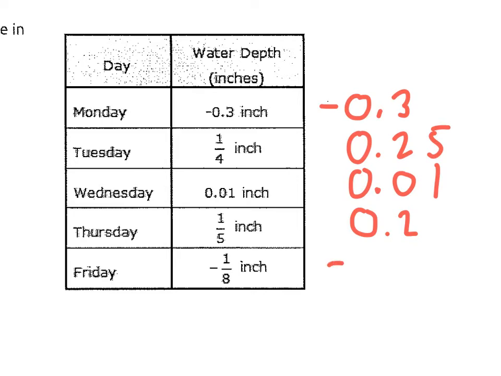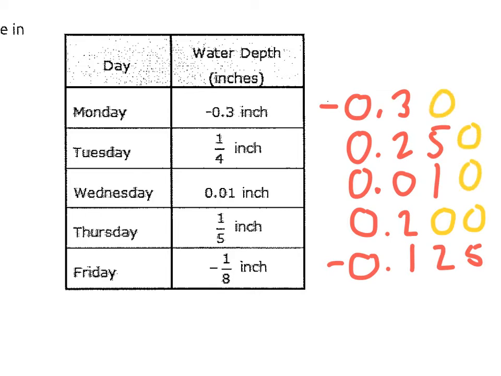So it's going to be negative 1. Oh, nope. Let me back that up. Negative 0.125. Guys, I can't stress enough how much you need to have these extra zeros in here. We've got 3 decimal places on this one. I'm going to put 0 there, 0 there, 0 there, and a couple of zeros here. And keeping them all lined up.